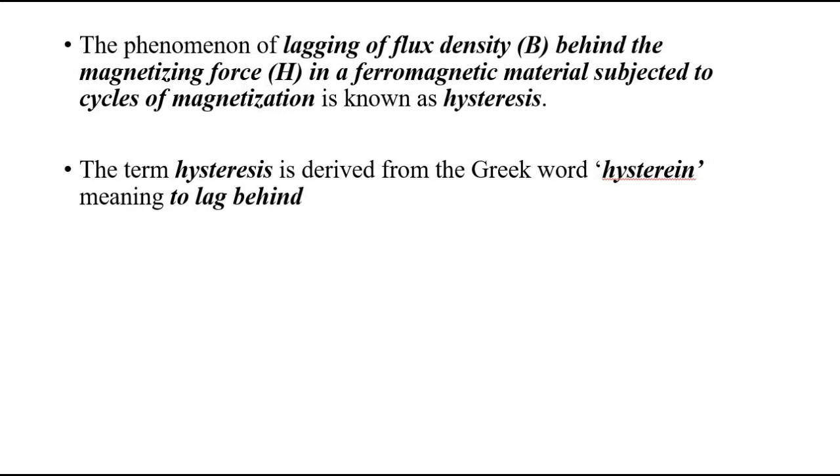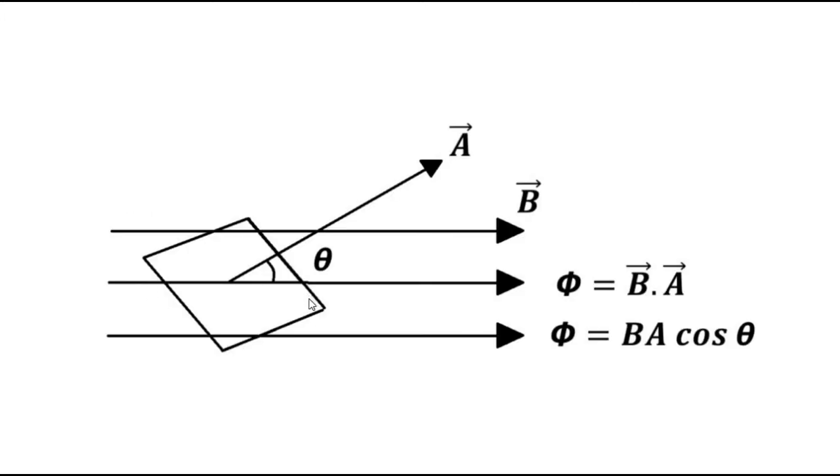So magnetic flux density is basically the number of magnetic lines of force passing per unit surface area. So if we have a surface area placed at an angle theta, the area vector makes an angle theta with the magnetic lines of force, then the magnetic flux phi is equal to BA cos theta.